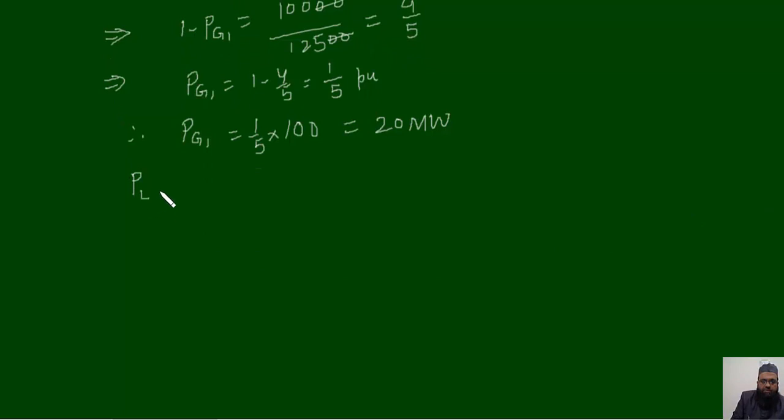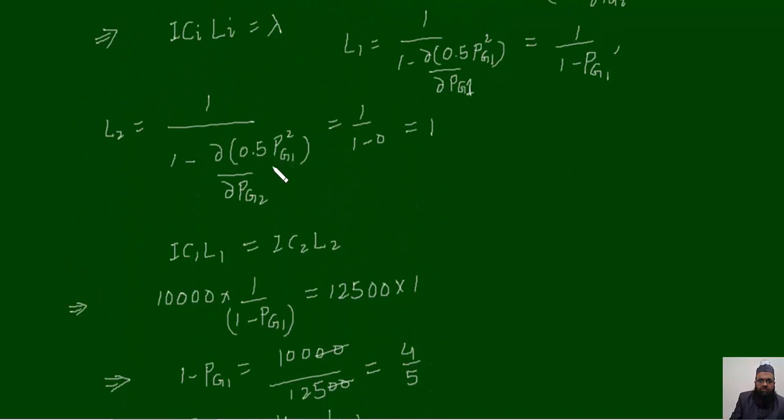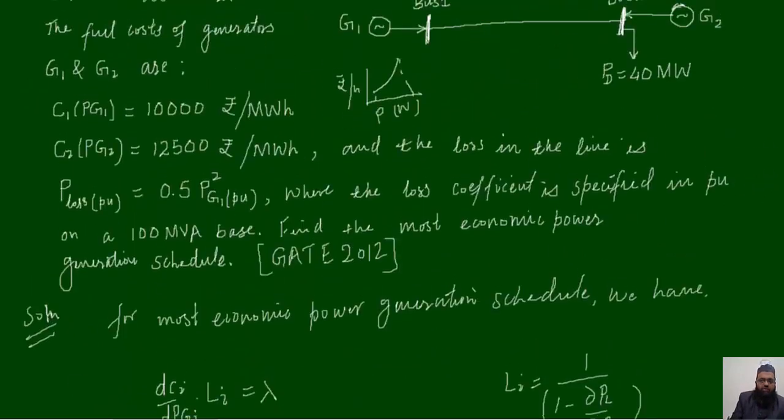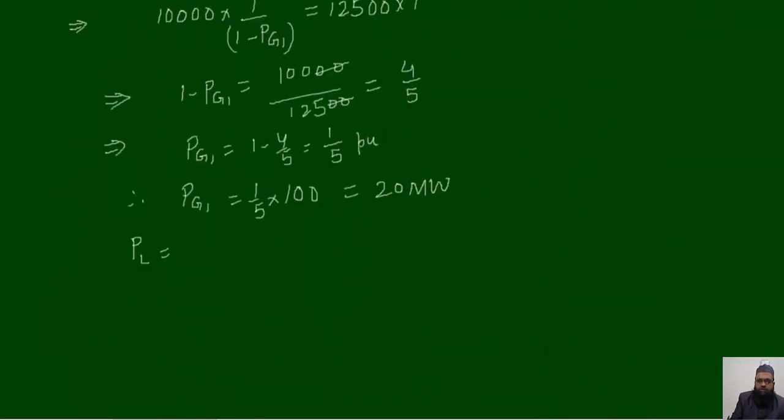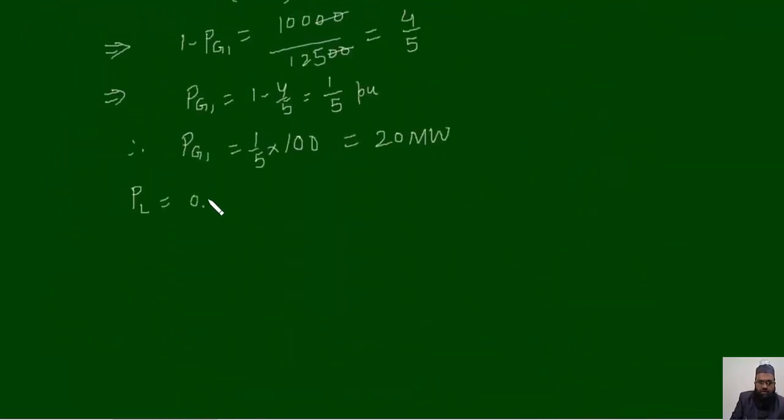Now our next step will be, let us calculate the loss PL. PL is given as this, 0.5 PG1 square in per unit values. So you may write 0.5 PG1 per unit squared. That will be 0.5 times, what is PG1 in per unit? 1 upon 5, squared.